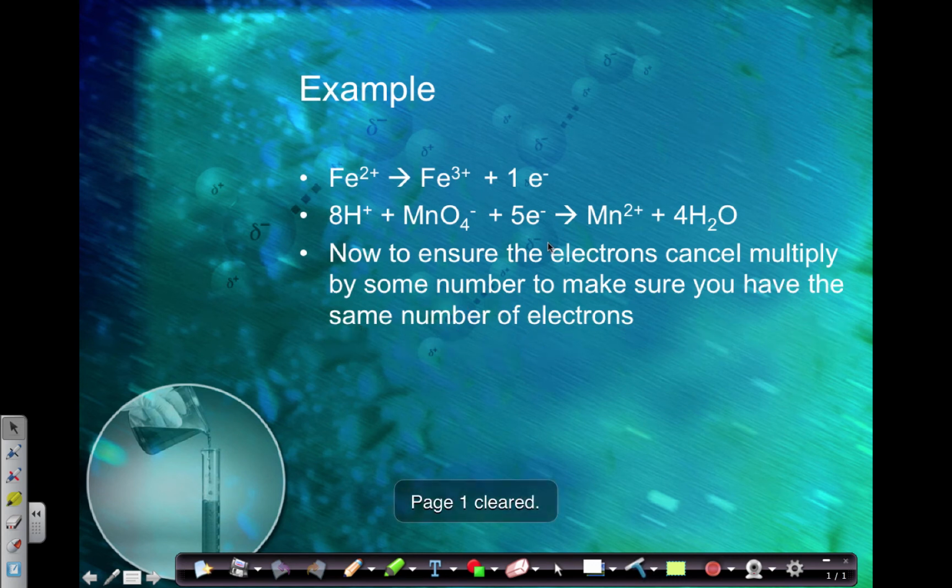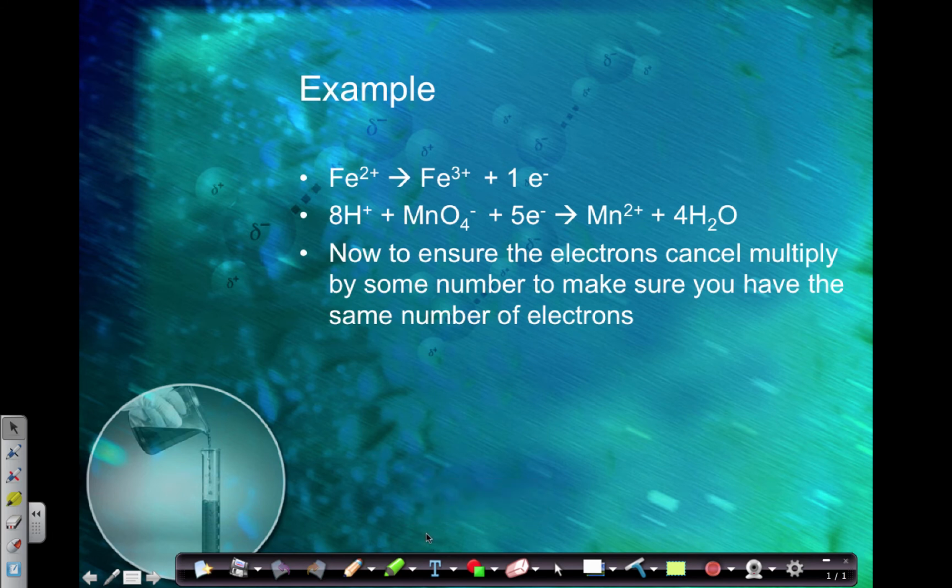Okay, so now these are our 2 half reactions we just came up with. Now what we're going to do is look at the number of electrons and see if they cancel. So I have 5 electrons on my reactant side here, and then 1 electron on this side. So right now they're not going to cancel. So I'm going to multiply to get the number of electrons to be the same.